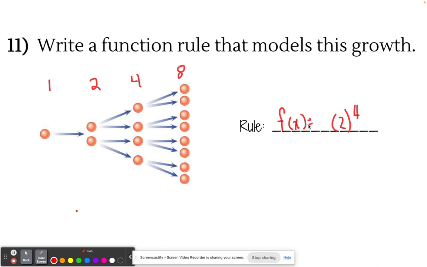Well, if I back this up to a 0 term, what number times 2 would give me 1? And that would be 1/2, my 0 term. It should be an x.